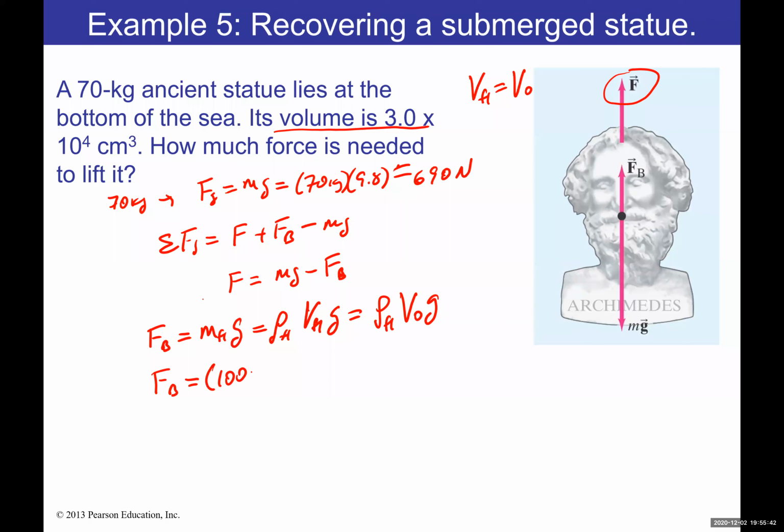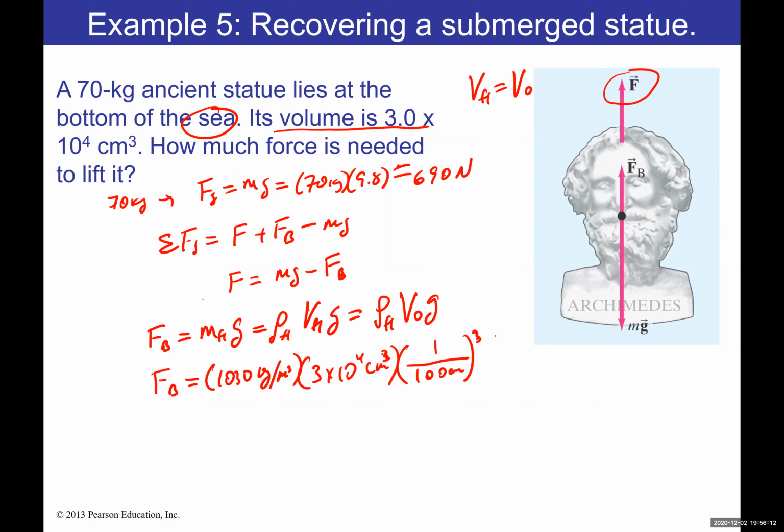It's water, so it's 1,000 kilograms per cubic meter in terms of its density. Well, it's actually the bottom of the sea, so we should use 1030 kilograms per cubic meter because it's salt water. Then times the volume of the object, which is 3 times 10 to the 4 cubic centimeters, which means we have to multiply by 1 over 100 centimeters, the whole thing cubed.